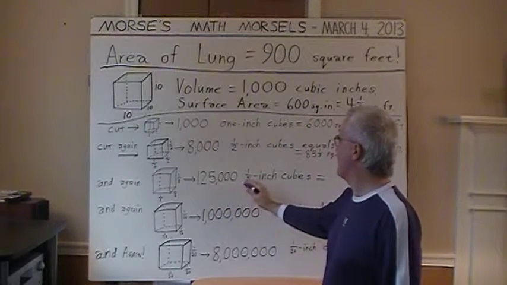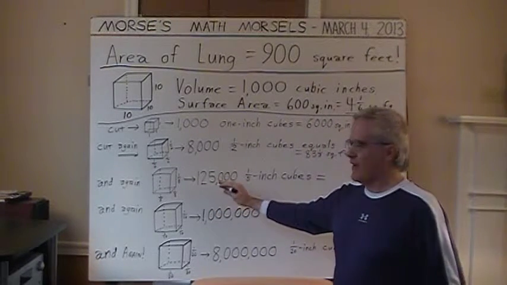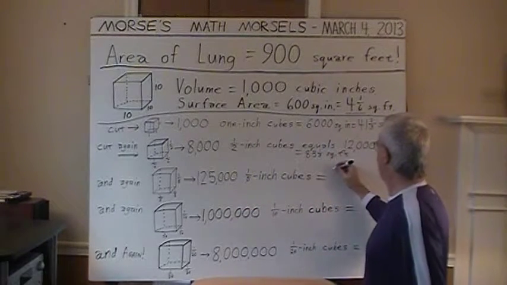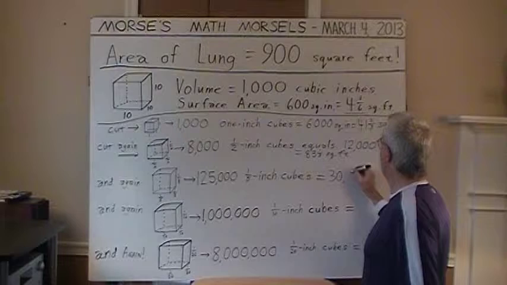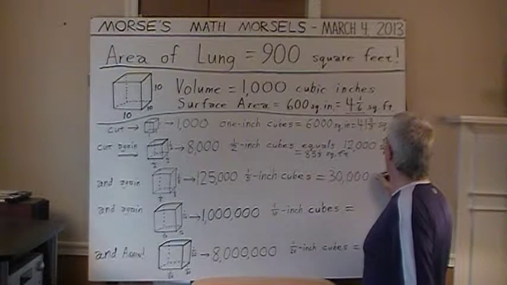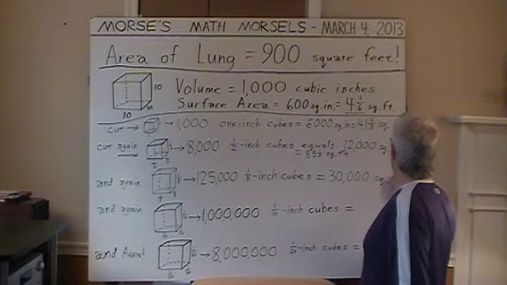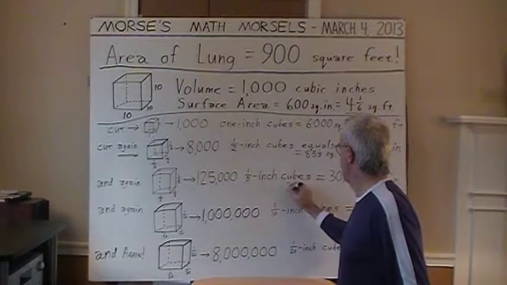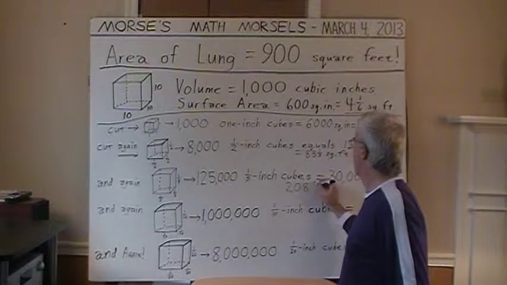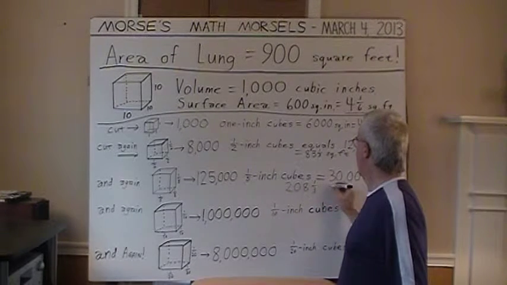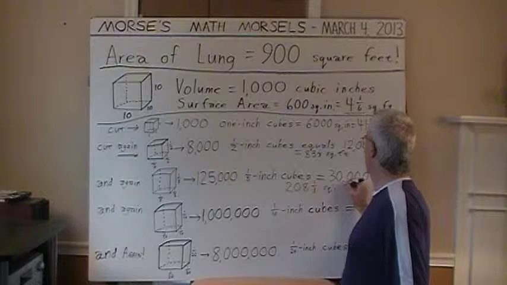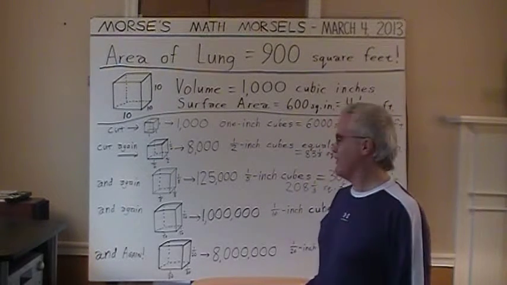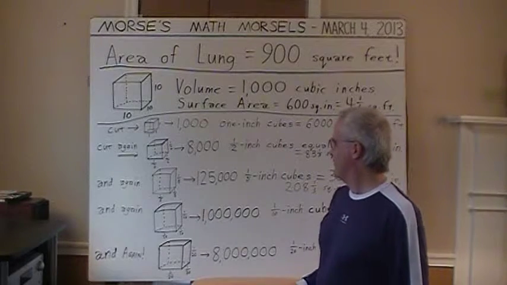But there are so many of them, 125,000 of those tiny cubes, that their total surface area is an impressive 30,000 square inches. And that is 208 1/3 square feet. So we're getting up to about living room or dining room size of a house. 208 square feet is roughly 14 by 15 linear feet.